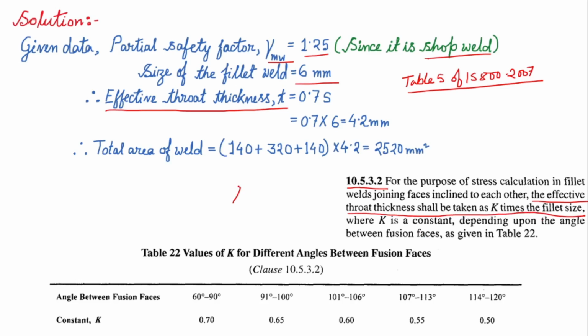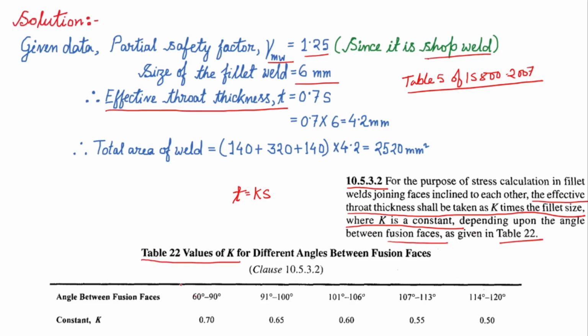That means small t equals K into S. K is a constant depending on the angle between fusion faces, as given in Table number 22. So the value of K is given in Table 22.